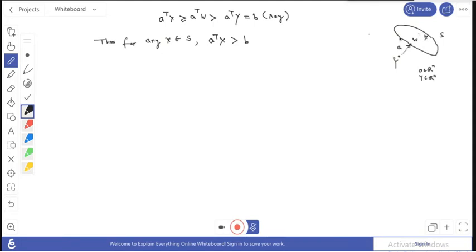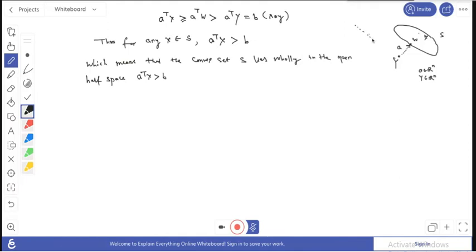Okay, so this means that the convex set S lies only in the open half space, the open half space that is A transpose X greater than B, and that hyperplane is produced by this thing.